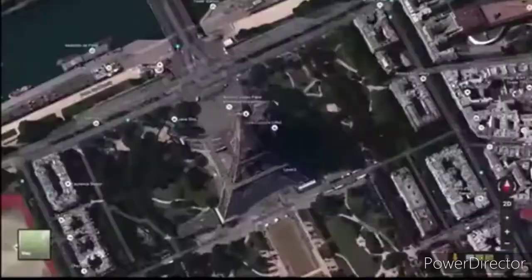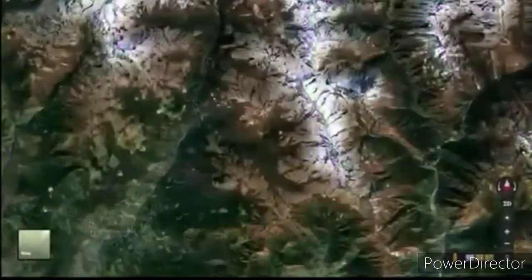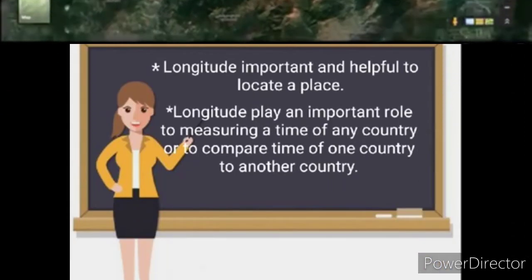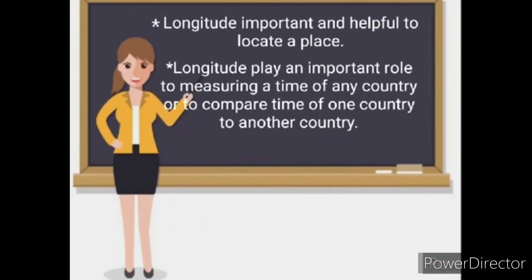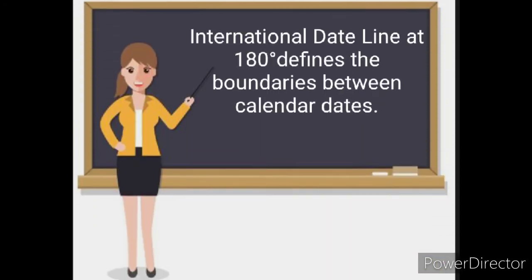Where latitudes and longitudes intersect, it becomes the address of that place. Longitudes play an important role in measuring the time of any country or comparing the time of one country to another. The international date line at 180 degree defines the boundary between calendar dates.